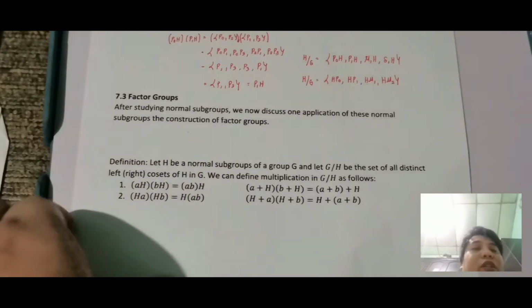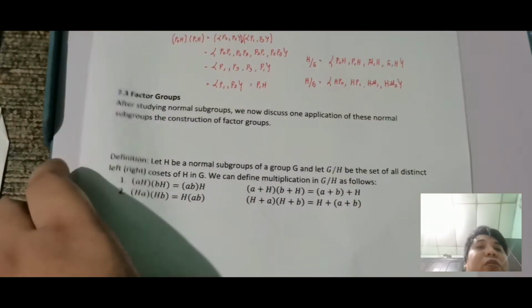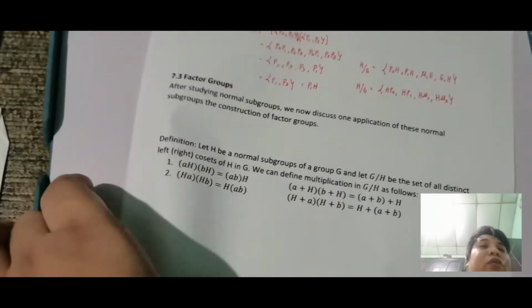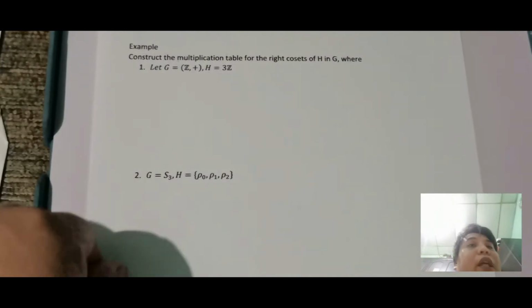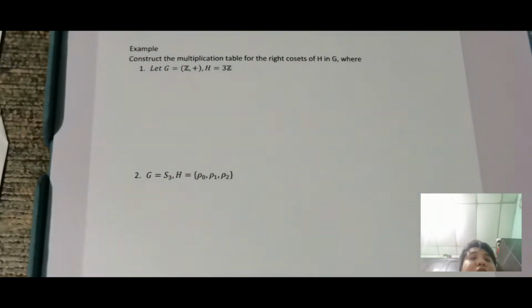Let's try to construct yung ating multiplication group or the factor group. Okay, so ito kasi yung tinatawag na multiplication group. Hoping na medyo mabilis. Okay, so construct the multiplication table for the right cosets of H in G where number 1, let G be equal to Z comma plus and H is equal to 3Z.